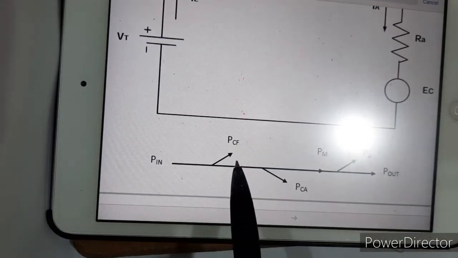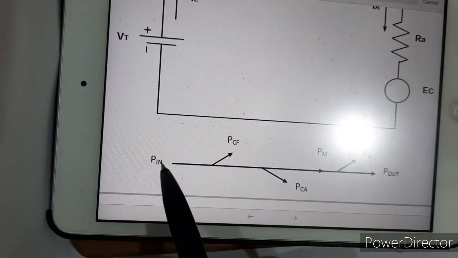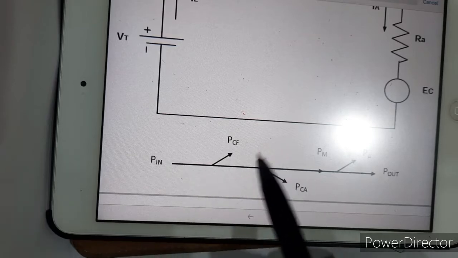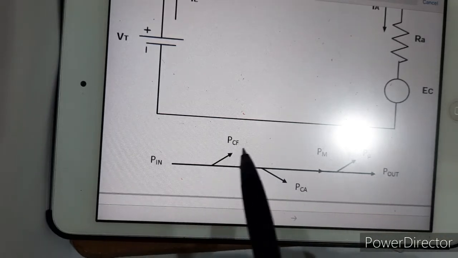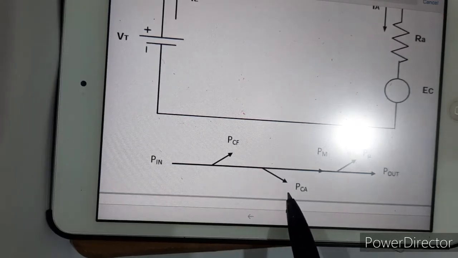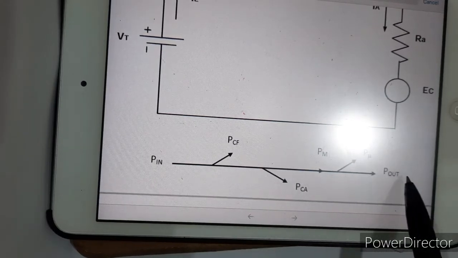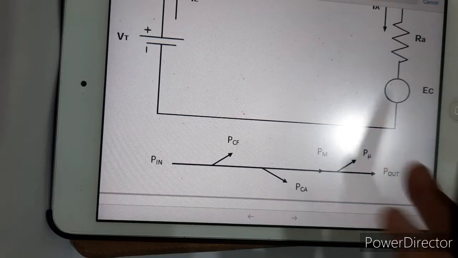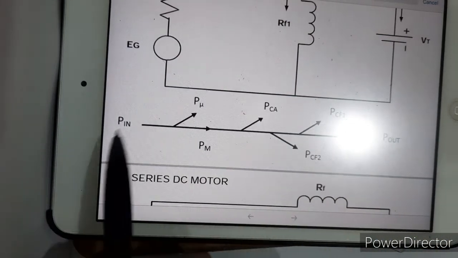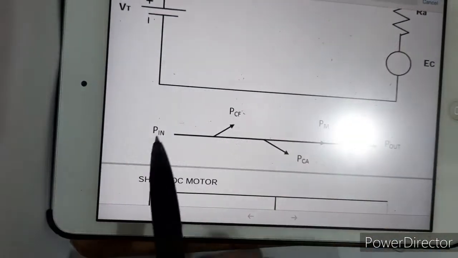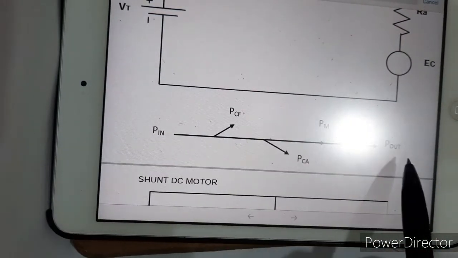So for this case, we can determine P in first. P in equals VT IL, and then to determine P out, P in minus PCF, minus PCA, minus P mu, we get P out. Different from before, where P out plus losses gives P in. So this one is P in minus losses gives P out.